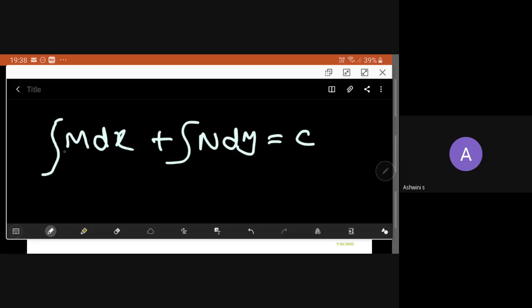While taking this one, because it involves both x and y, treat y as constant while integrating.